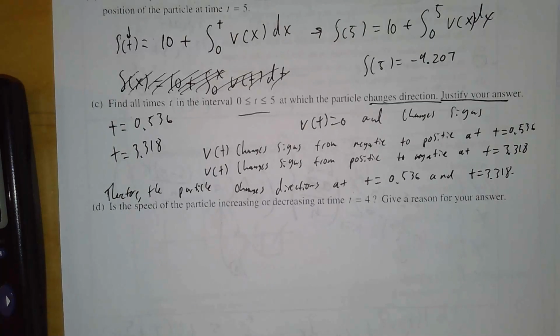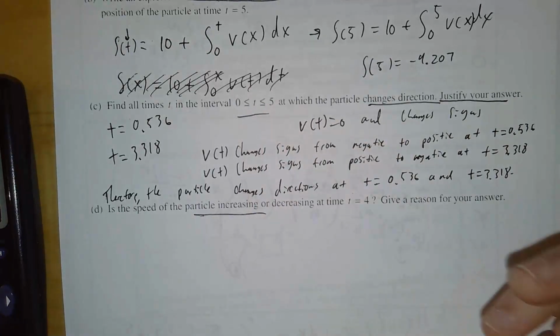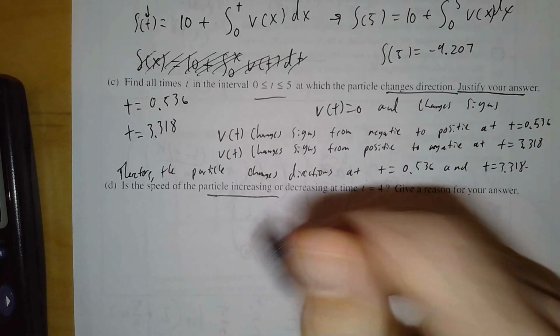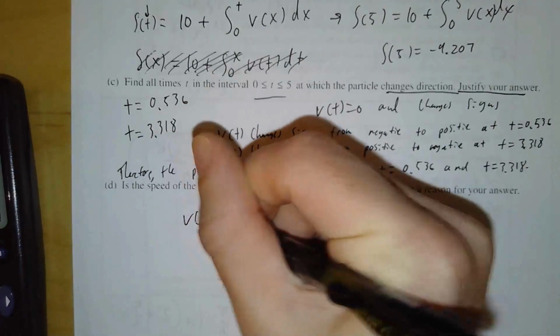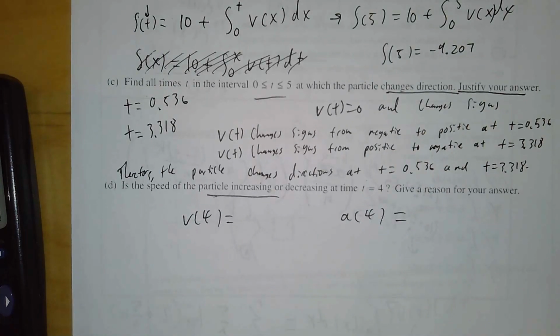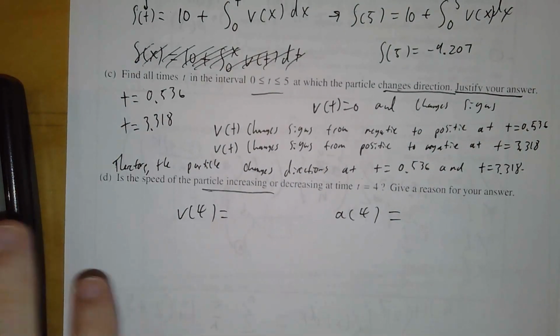Is the speed of the particle increasing or decreasing at t equals 4? Give a reason for your answer. So you need to know when this is true. So remember, particle is increasing speed if v of t and a of t are the same, and it's decreasing if they're different. So we need to find v of 4, and then we need to find a of 4. So let's do that. So v of 4, I'm going to show you some more tricks on the calculator.